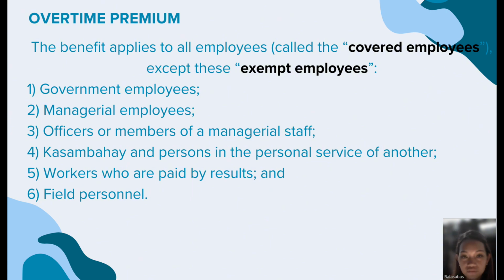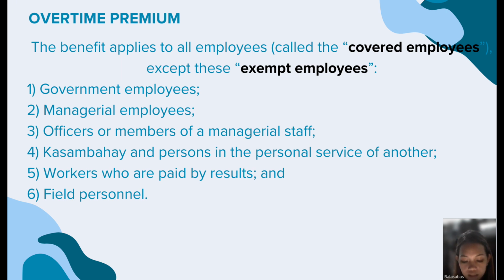The next one is the managerial employees. For managerial employees, they need to meet all of the following conditions. There are three conditions. First, the primary duty is to manage the establishment in which they are employed or a department or subdivision thereof.